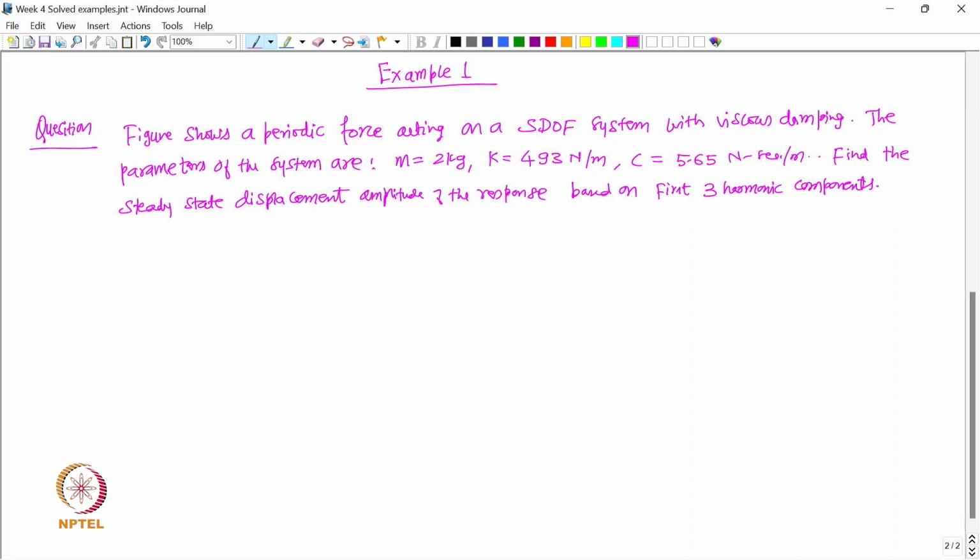So, the force that is given is something like this.